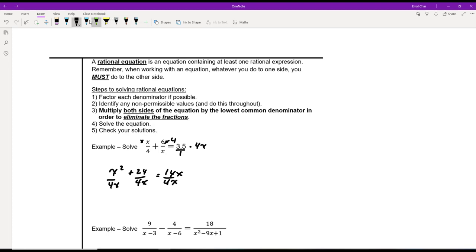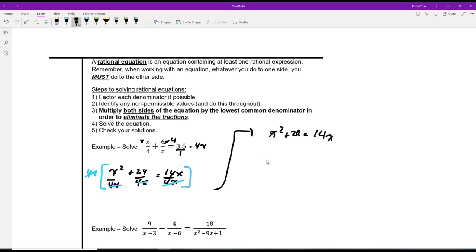If we wanted to, we could multiply everything by 4x. And that would eliminate all of these 4x terms, and what we're left with is just x squared plus 24 is equal to 14x.